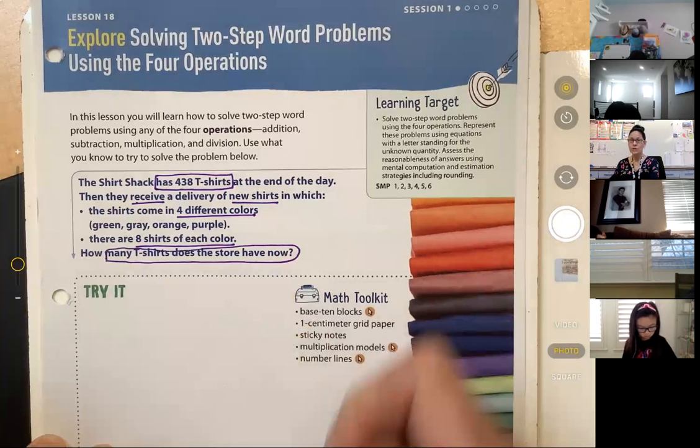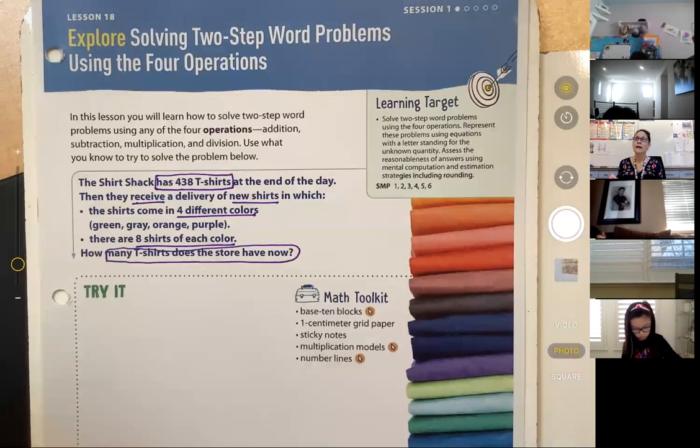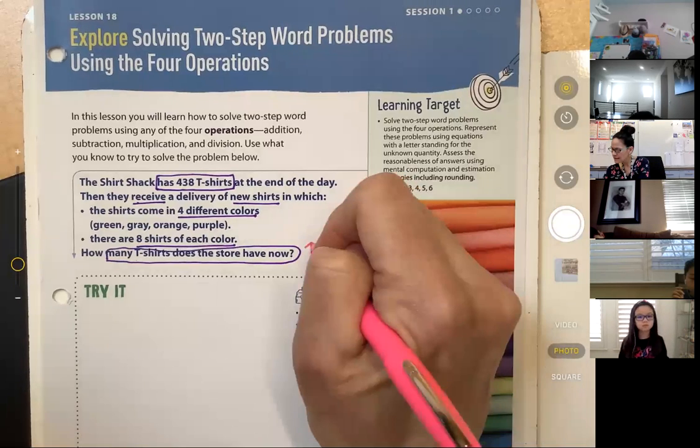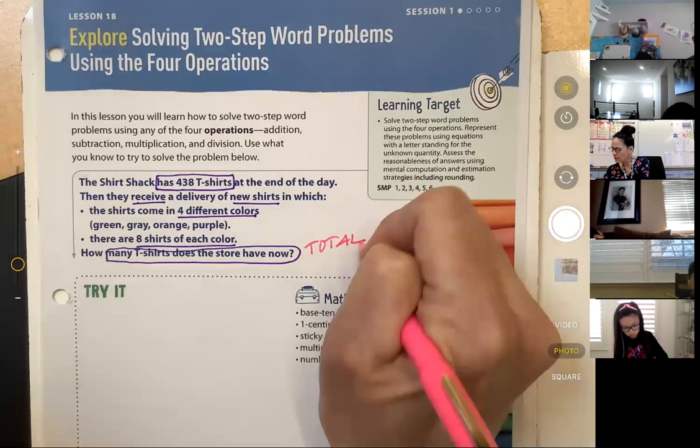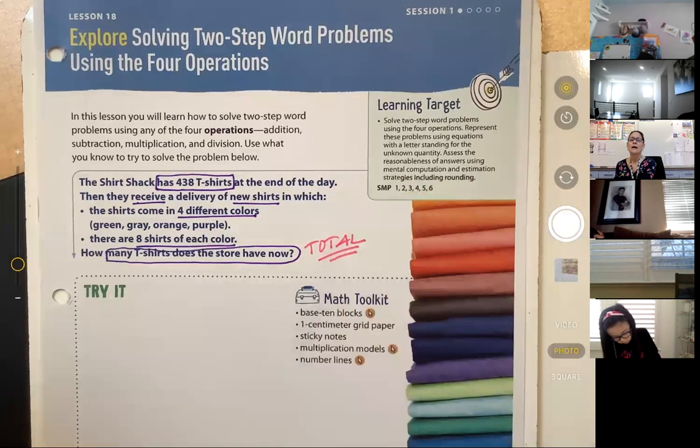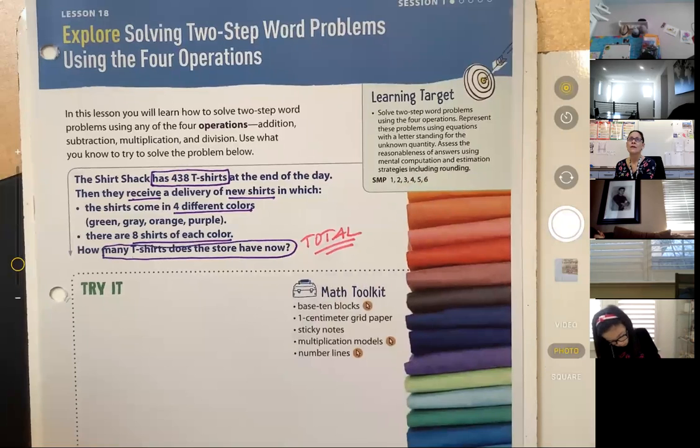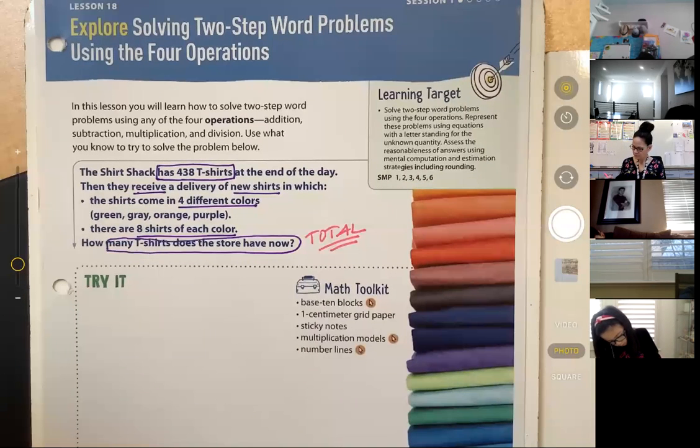So what I'm going to do to help my brain remind myself that this question is asking about the total number of shirts, the total number. I'm going to do this in 2 steps.